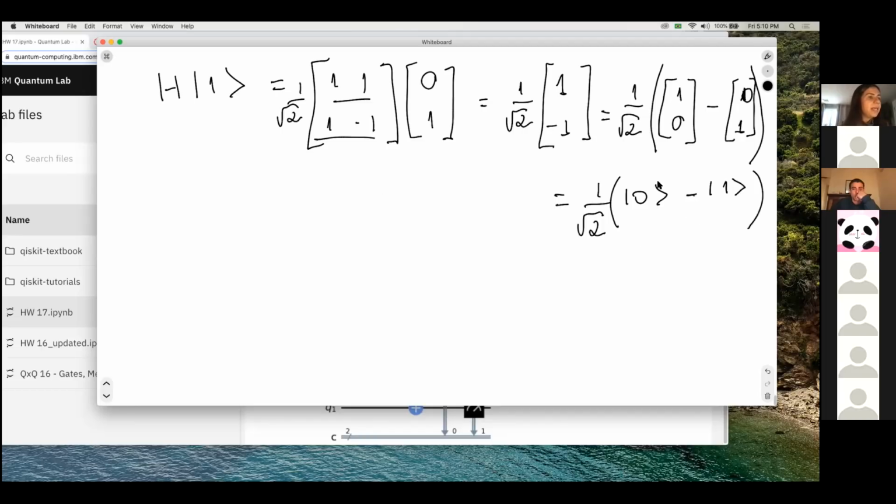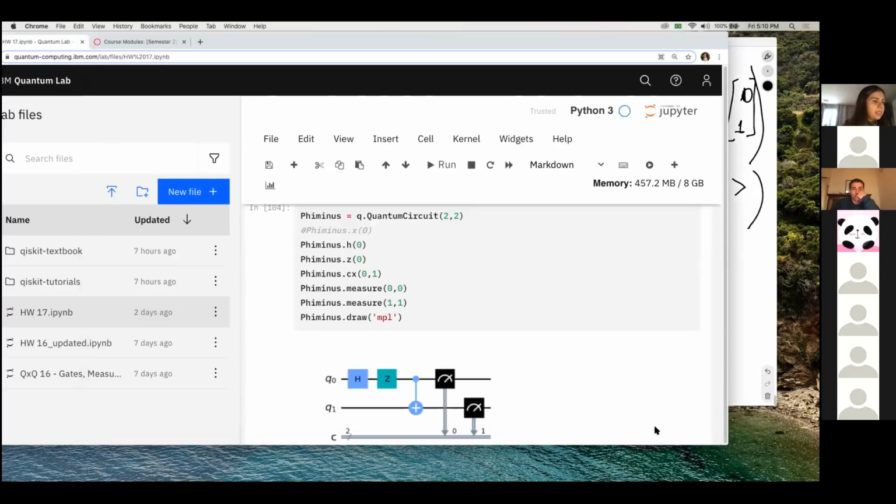Then when I apply the CNOT gate, I'm gonna do the CNOT here again, just to show.